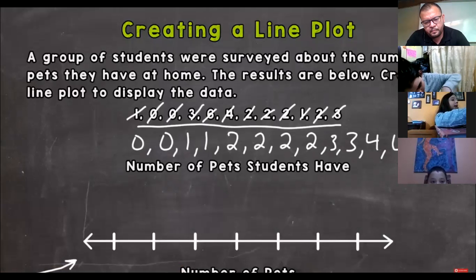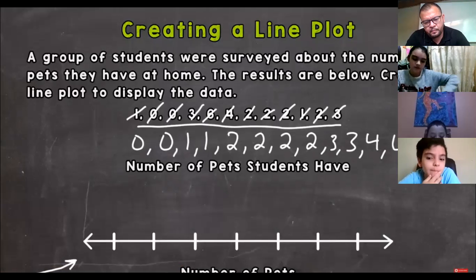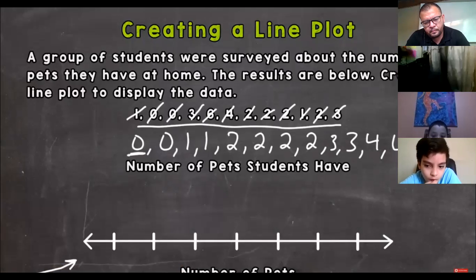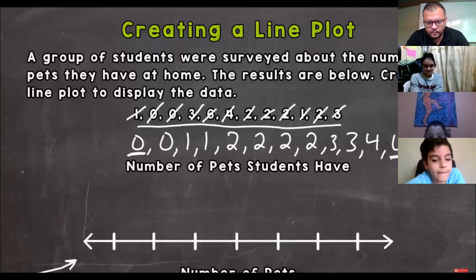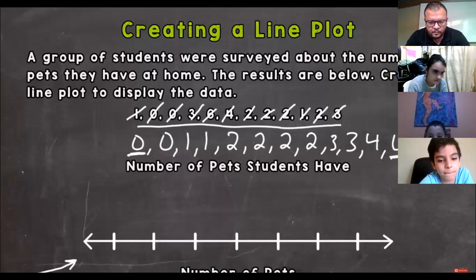So let's take a look at our least number, what our smallest number or least valued number is of our data set. Well, it's 0. So we at least need to include that in our number line. And our greatest valued piece of data is 6. So we need to make sure we have the 0 and the 6.